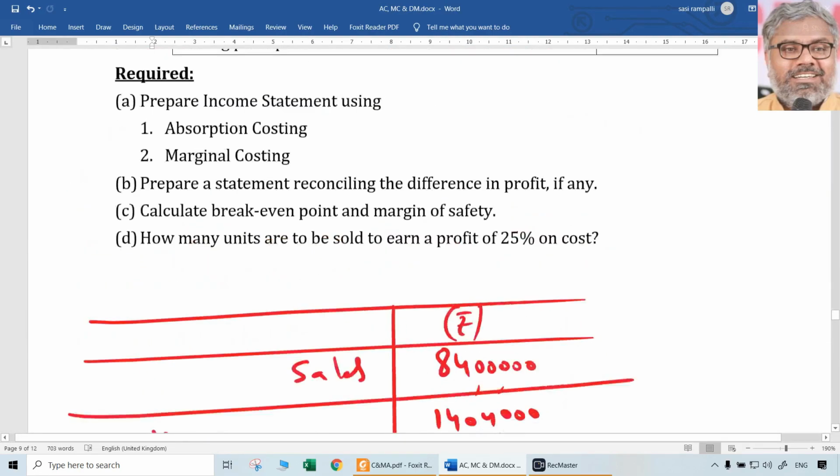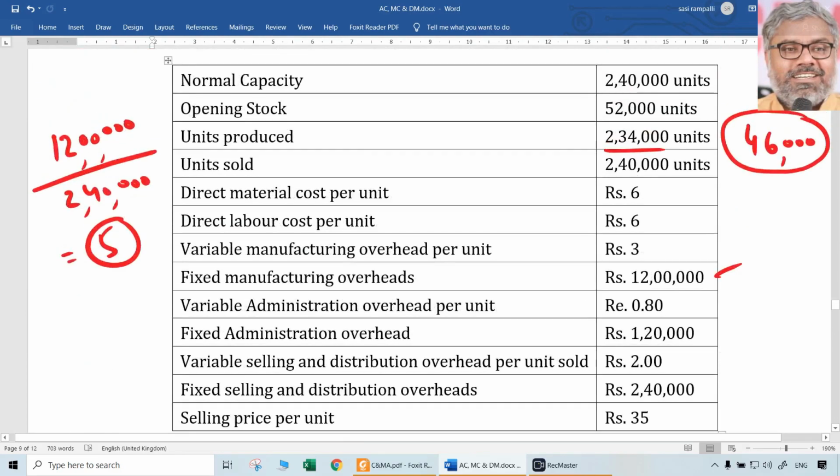How much will be the value of opening stock? Opening stock will be the same. That is 6 rupees direct material cost, 6 rupees direct labor cost, 3 rupees variable manufacturing overhead per unit, plus 5 rupees, that is fixed overheads per unit.